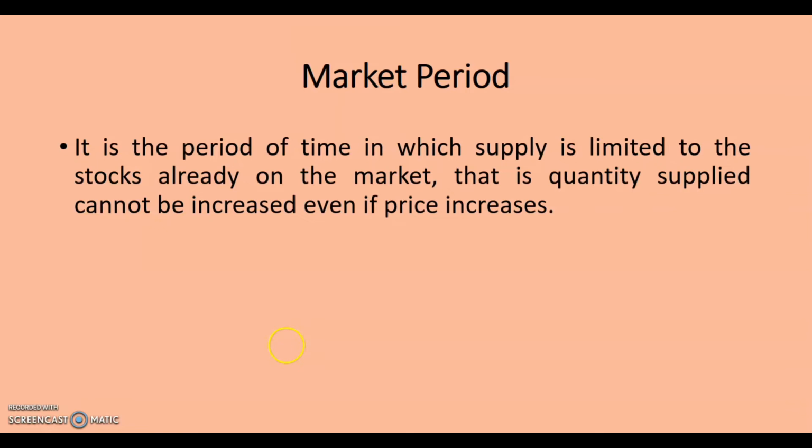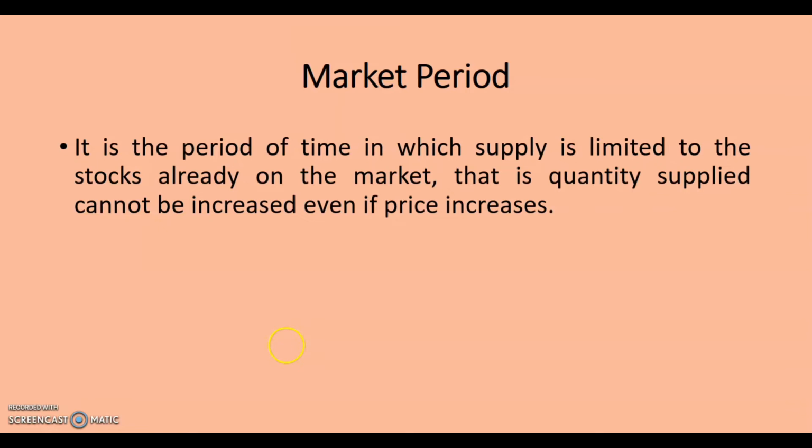Now we know from the law of supply that when price increases, supply will also increase. But in the market period, your supply will be limited. Whatever you brought to the market, let's assume you are a tomato seller, and that particular day you brought 10 baskets of tomatoes, you are limited to those 10 baskets.